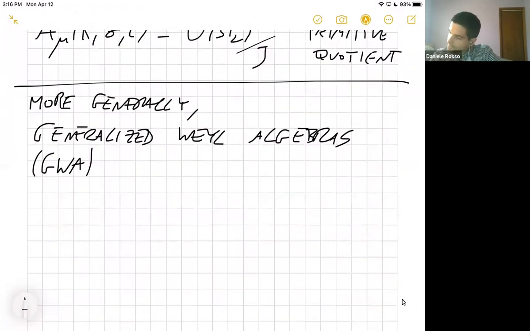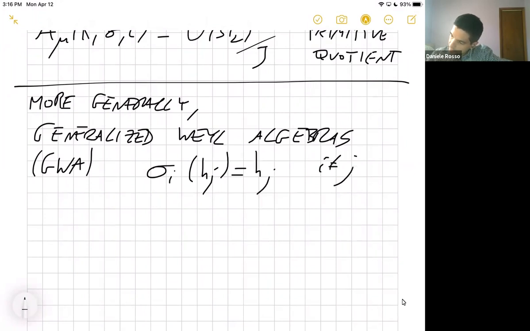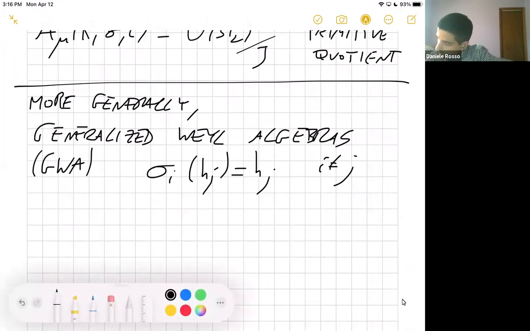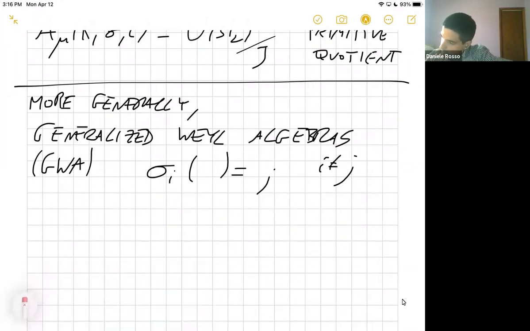Those are the case, in our setting, when sigma_i of h_j is h_j, so sigma_i acts as the identity on t_j. So when sigma acts trivially on the other indices, and when the mu's are also all one, then we get what are called generalized Weyl algebras.